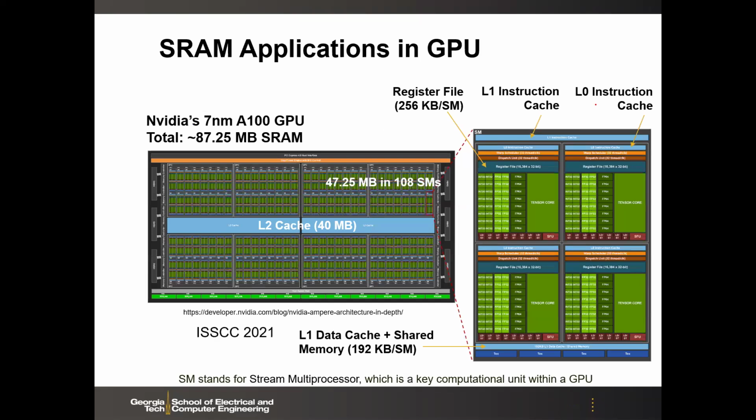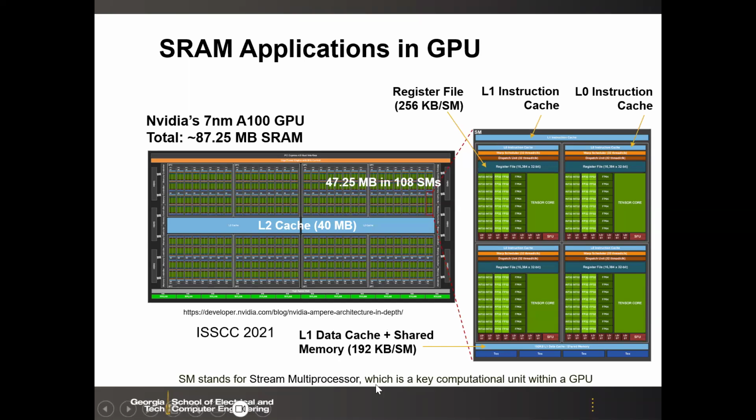Okay, so SRAM is also widely used in GPUs, right? Here, this is the NVIDIA 7nm A100 GPU, and it has a total of about 87 megabytes of SRAM as well. But if you look at the GPU architecture, it's different from the CPU. The GPU has many cores for parallel operation.